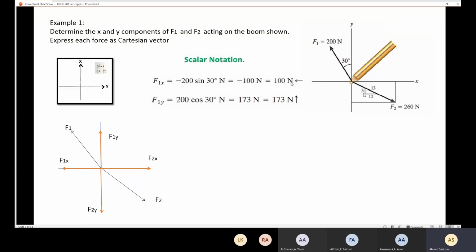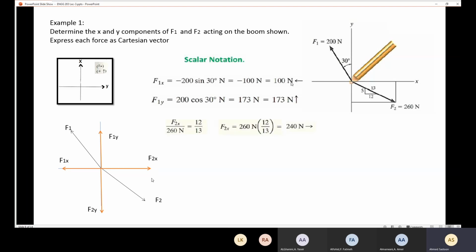And in order to use the proportional length, like we just said, we will say that if I want to calculate F2x, this direction, so this one is horizontal, I'm going to say that F2x over F2 is going to equal 12 over 13. Because 12 is horizontal like F2x, and 13 is inclined like F2.